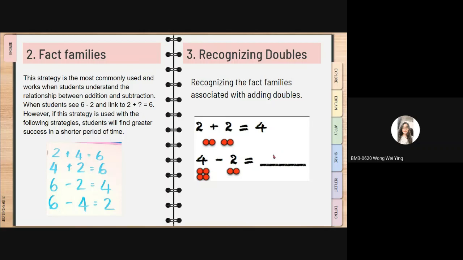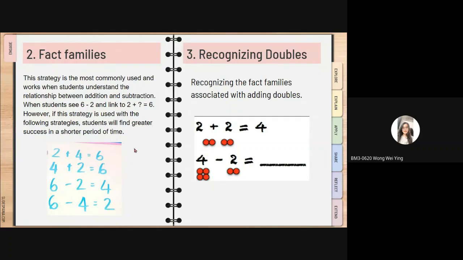For example, from the fact families given below, when students see the subtraction equation 6 minus 2, at the same time 6 minus 2 can also link to the addition equation 2 plus what number equals 6. For example, 6 minus 2 equals 4, and at the same time 2 plus 4 equals 6. Addition and subtraction have the relationship of fact families.